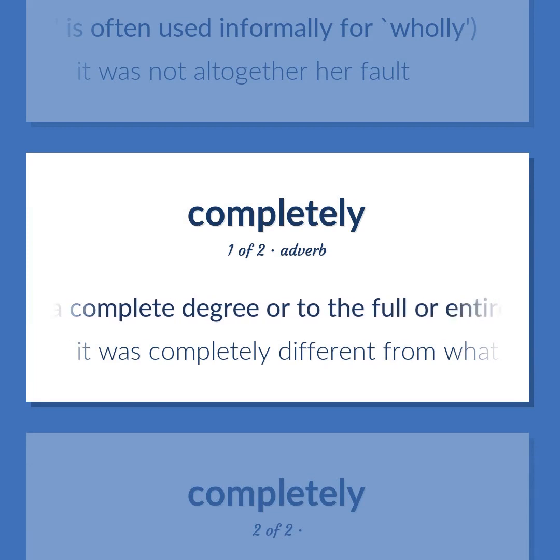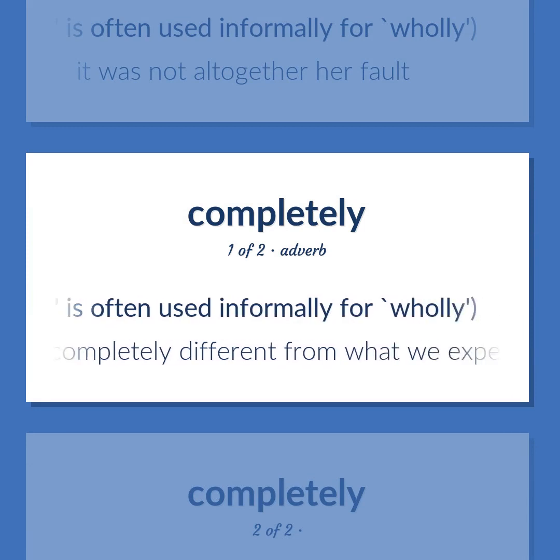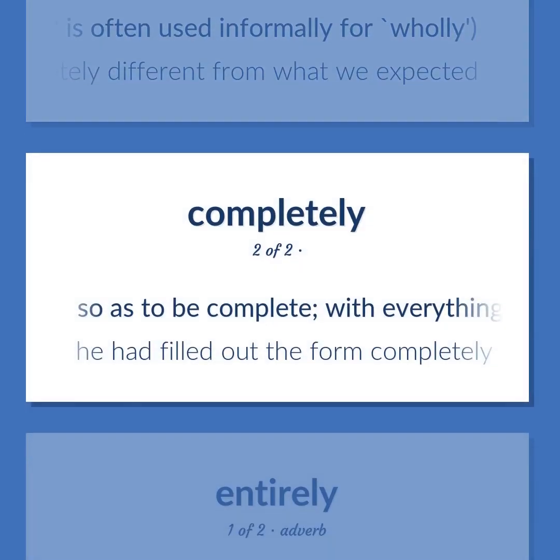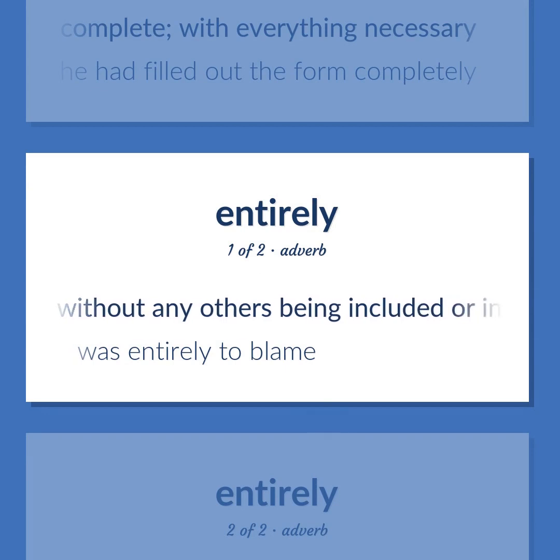To a complete degree or to the full or entire extent, whole, is often used informally for wholly. It was completely different from what we expected. So as to be complete, with everything necessary. He had filled out the form completely. Without any others being included or involved.